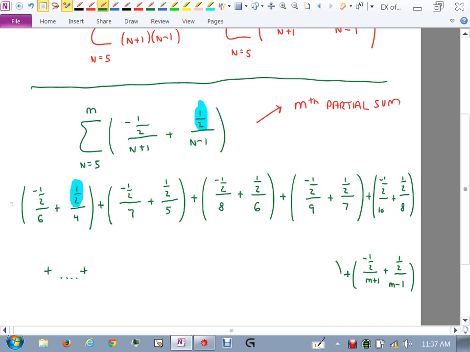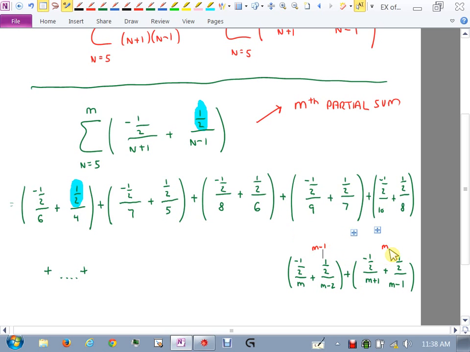What's the one right before that look like? So you're going to plug in what right here for the one right before this? M minus 1 plus 1, so that's just m. So negative 1/2 over m, and then plus 1/2 over, you're plugging in m minus 1, then minus 1 again is m minus 2. I will put above these what we plugged in. We plugged in m here, we plugged in m minus 1, right?